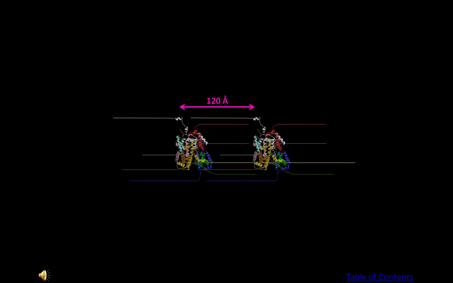This slide starts with our new structure, with octamer cores spaced at 120 angstroms as described above.